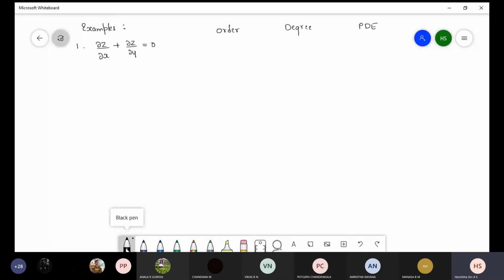Yes, what is the order of this first example? Order means partial differentiation. Which order? First order, second order, third order, like that. Order of this is, what is the order?